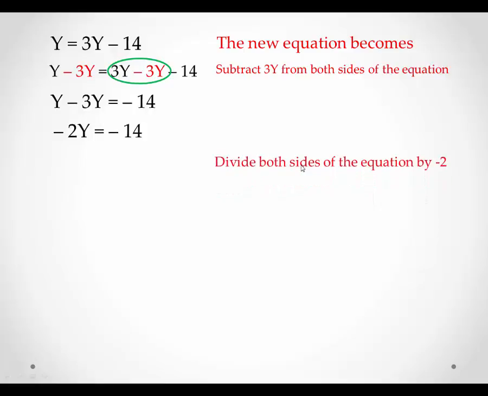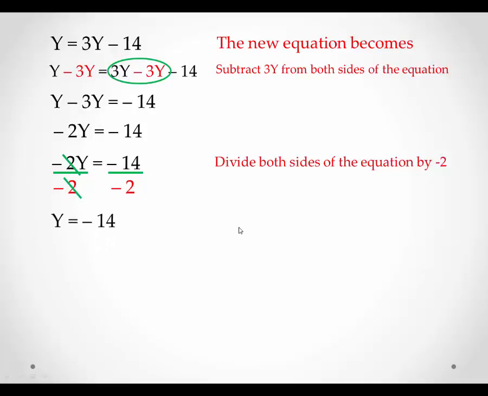Dividing both sides of the equation by negative 2, we have negative 2y divided by negative 2 is equal to negative 14 divided by negative 2. At this point, we can cancel out the negative 2 on the left hand side of the equation.